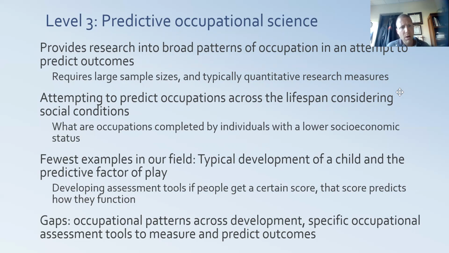Looking at lower socioeconomic status, would we be able to tell what those meaningful occupations are for people with lower socioeconomic status? Now, you can probably already understand that we have the fewest examples in our field of this level 3, of predictive occupational science.